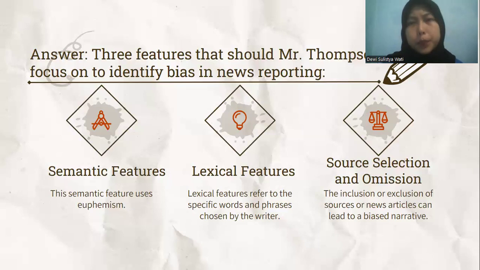For example, during a protest, focusing only on the negatives and choosing to take certain sources over others. By focusing on this feature, Mr. Thompson can identify whether there is bias in which information is presented and how it shapes the reader's perception of the news.